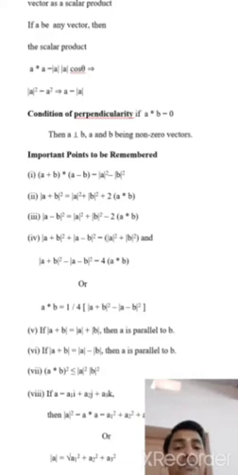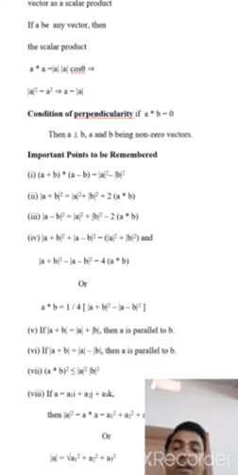(A plus B)·(A minus B) equals magnitude of A squared minus magnitude of B squared. Now second part: magnitude of (A plus B) whole squared equals magnitude of A squared plus magnitude of B squared plus 2 A·B.